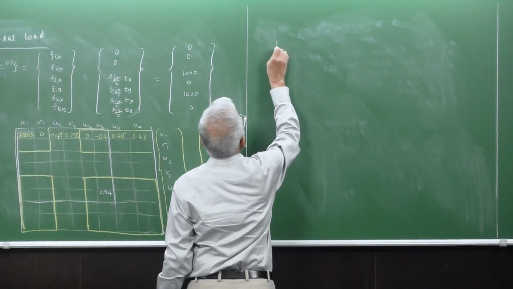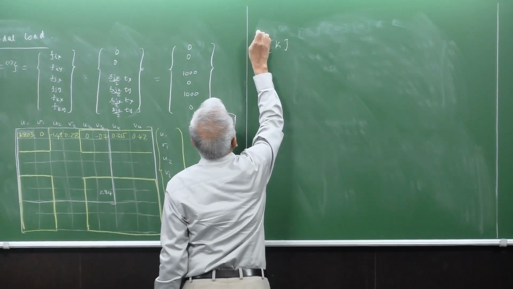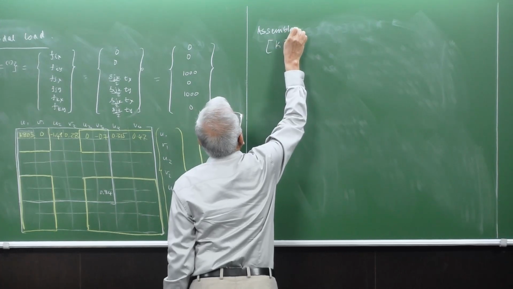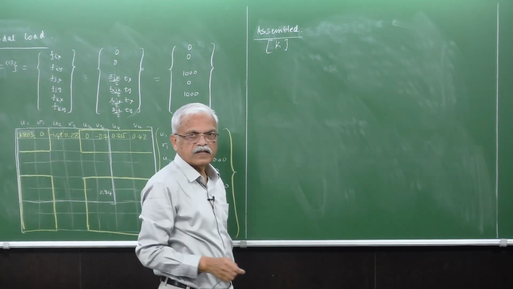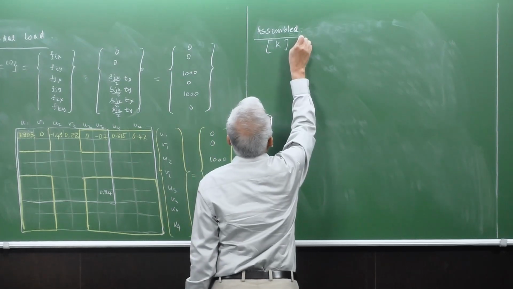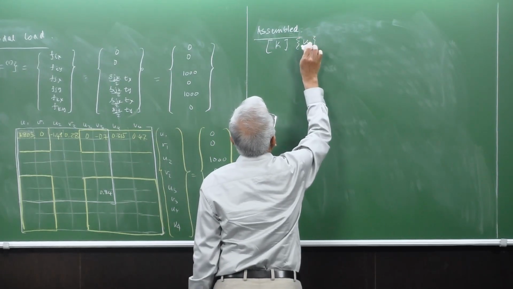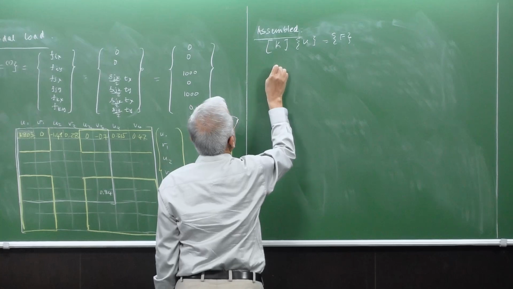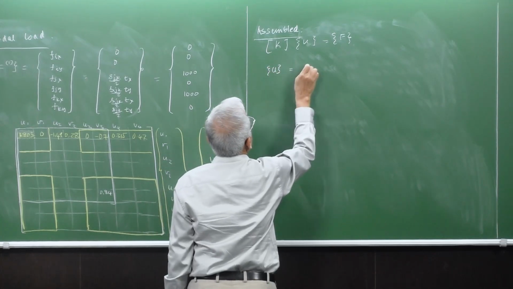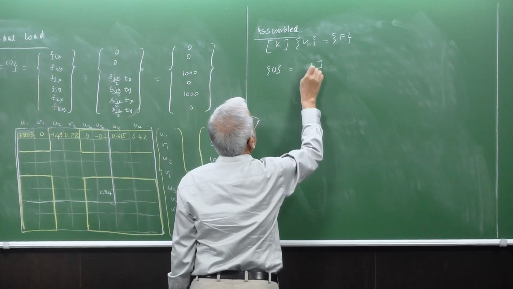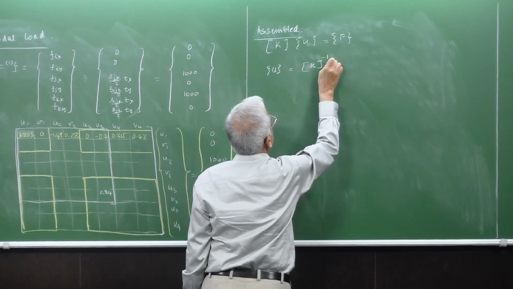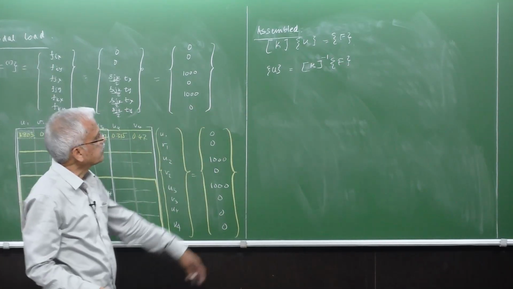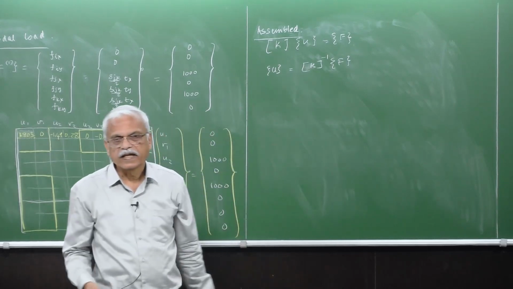So if you think that this is the assembled equation, this involves K times U is equal to F. So it looks like U is K inverse F. So what is the catch here? So you should be able to invert K and get K inverse.